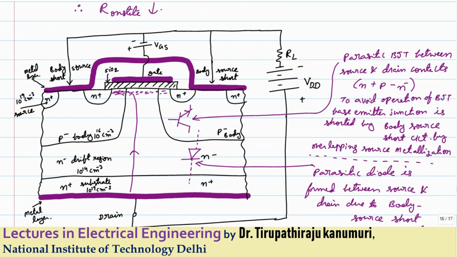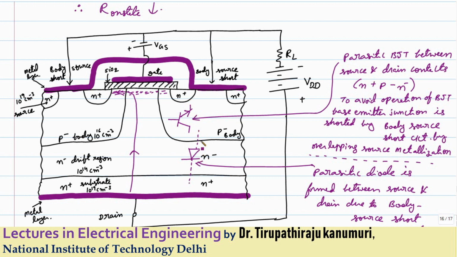Now coming to the second one: why are this body and the source short circuited here using a metal? Why are this body part, that means the P minus layer, and this N plus layer shorted here? What is the purpose of this? If you observe, if they are not shorted, this is N, this is P, and this is N layer.